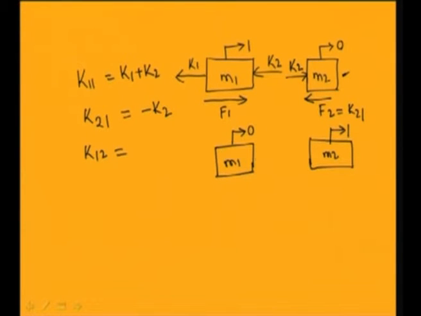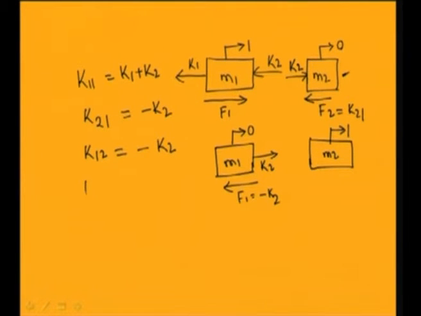So mass M1 will be subjected to a force K2 towards the right to keep it in the equilibrium position. So one has to apply a force F1 equal to minus K2 to keep it in the equilibrium position. So K12 will be equal to minus K2.